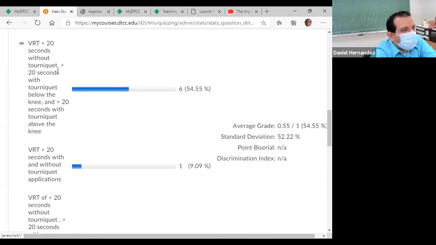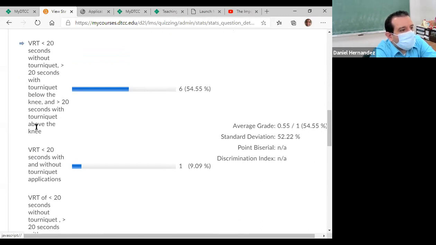And then when we place the tourniquet below the knee, we have a venous refill time that is greater than 20 seconds. And we also have a venous refill time that's greater than 20 seconds when the tourniquet is above the knee.